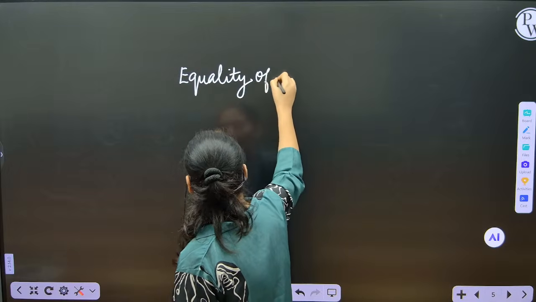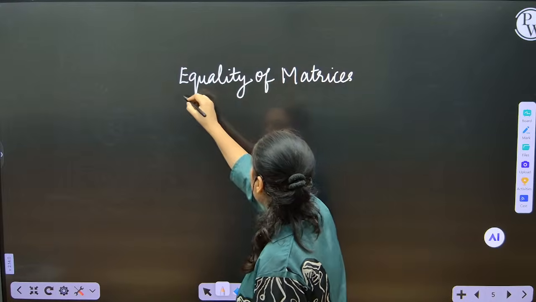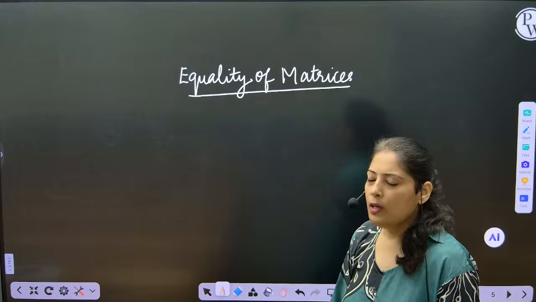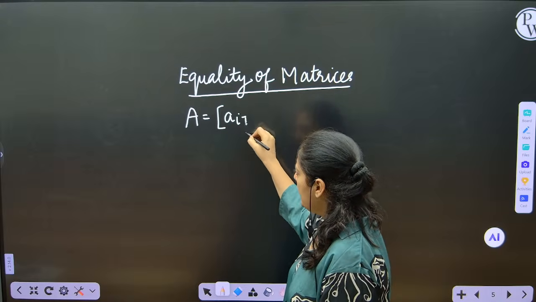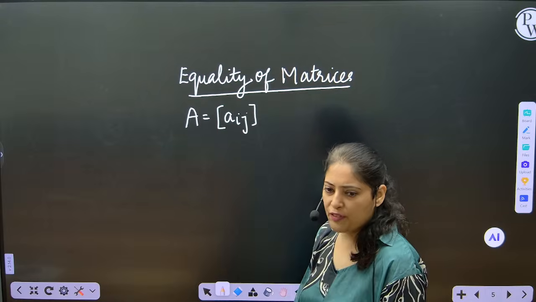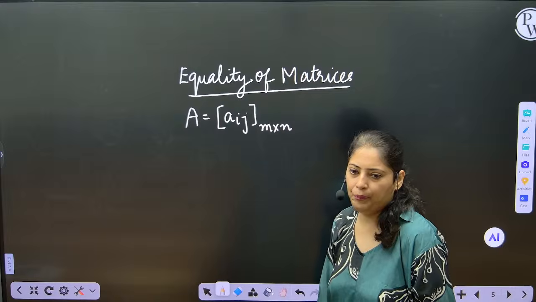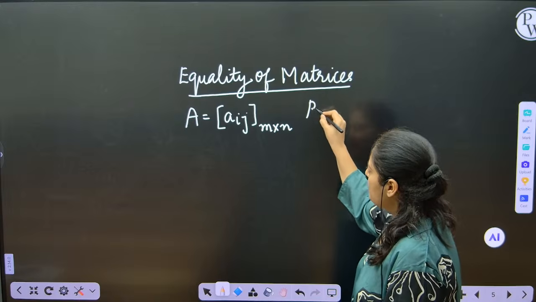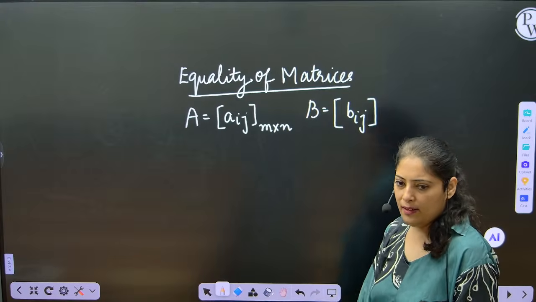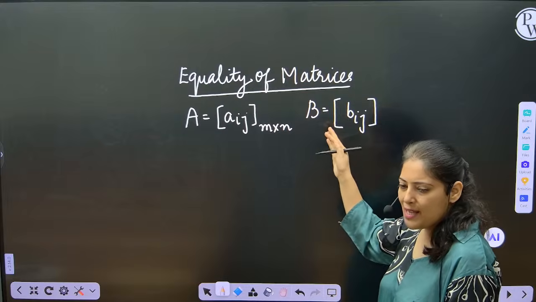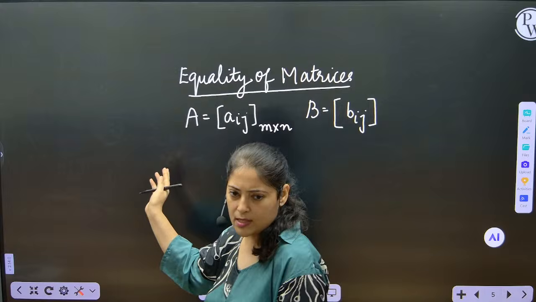Suppose one matrix is A, of the form Aij, where the order is m cross n. Another matrix is B, Bij, that means the elements will be of that form. They are both different matrices right now.